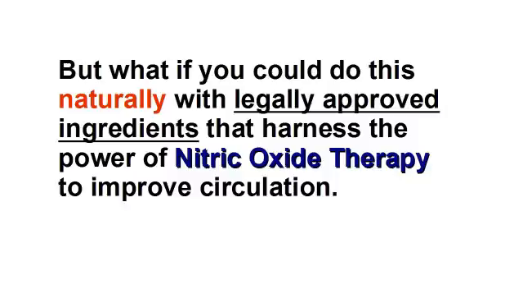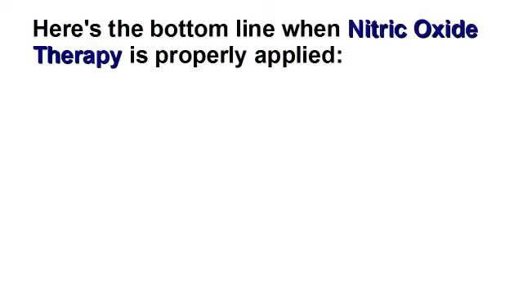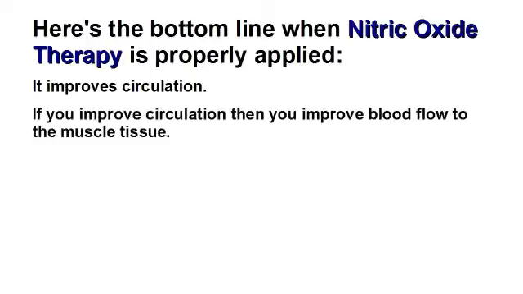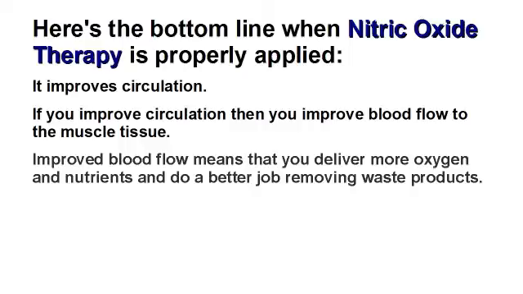But what if you could do this naturally, with legally approved ingredients that harness the power of nitric oxide therapy to improve circulation? Here's the bottom line when nitric oxide therapy is properly applied. It improves circulation. If you improve circulation, then you improve blood flow to the muscle tissue.